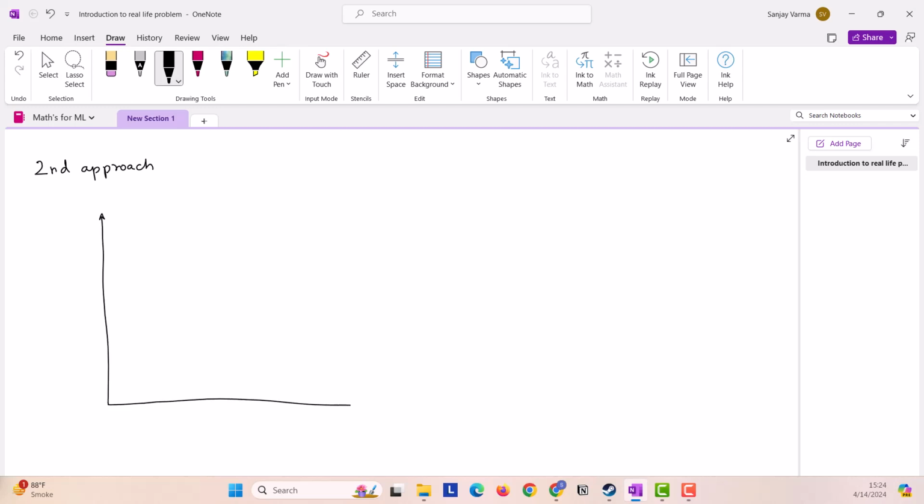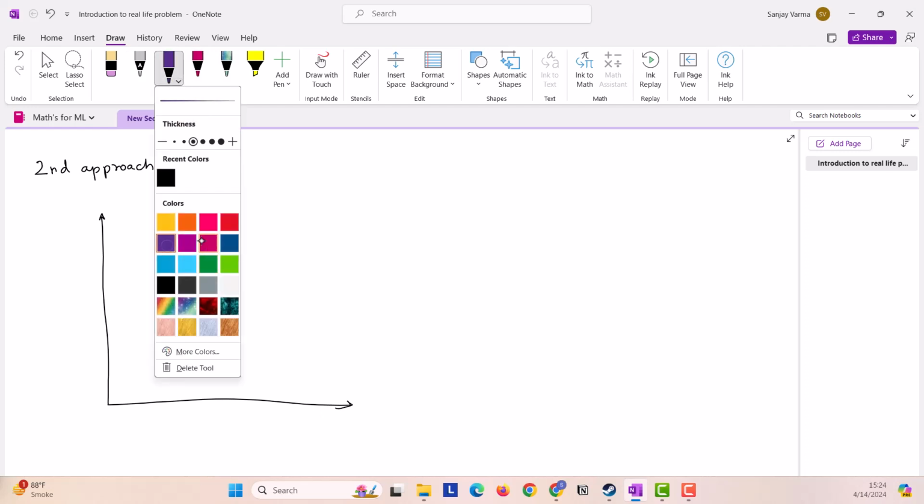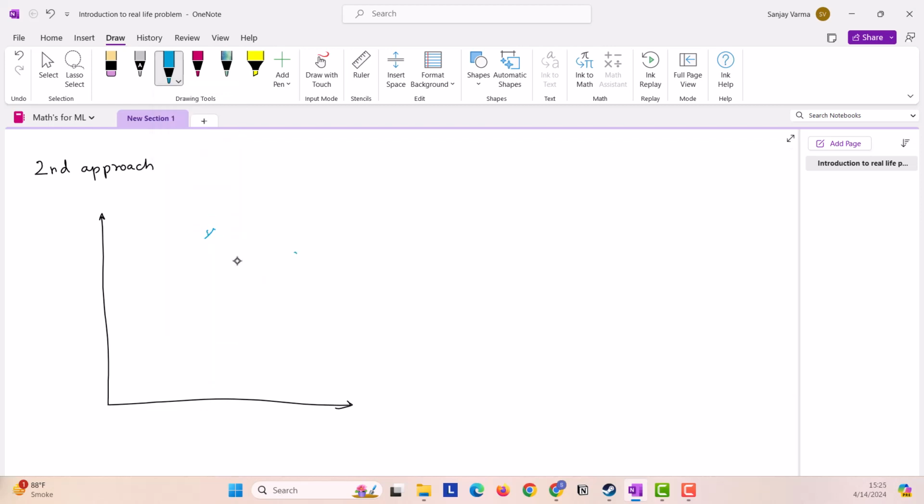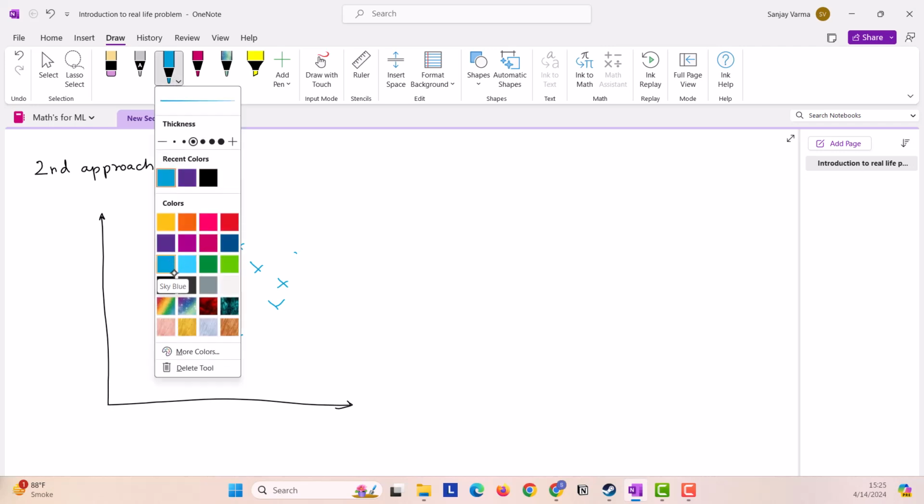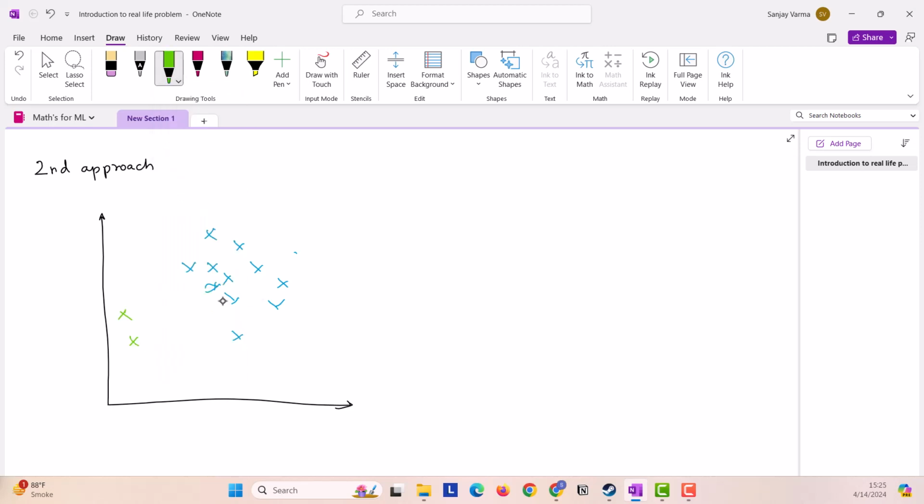So let's say this is our x and y axis, and let's plot some data. So here we have some data points. Let's plot another. Okay.